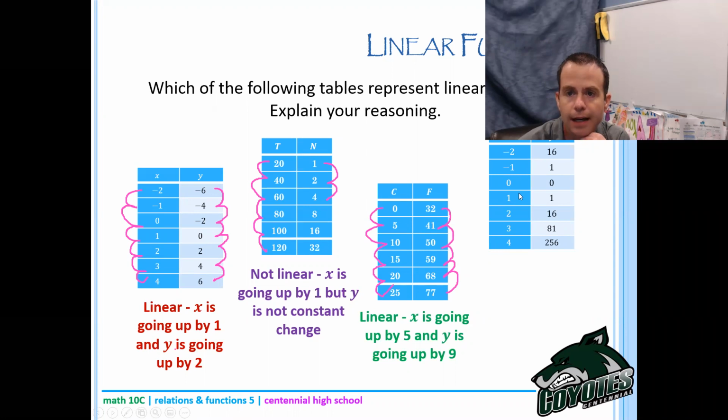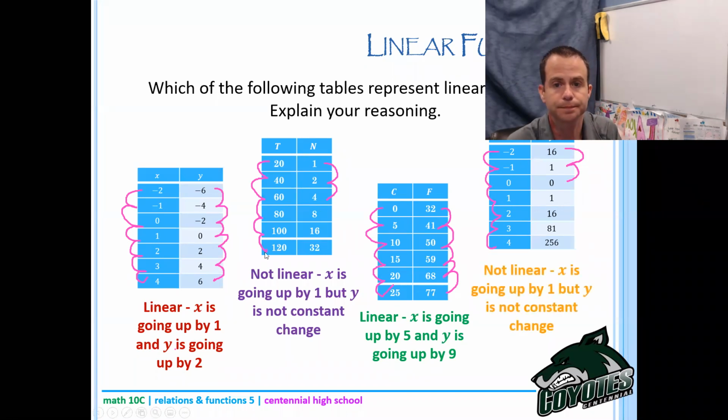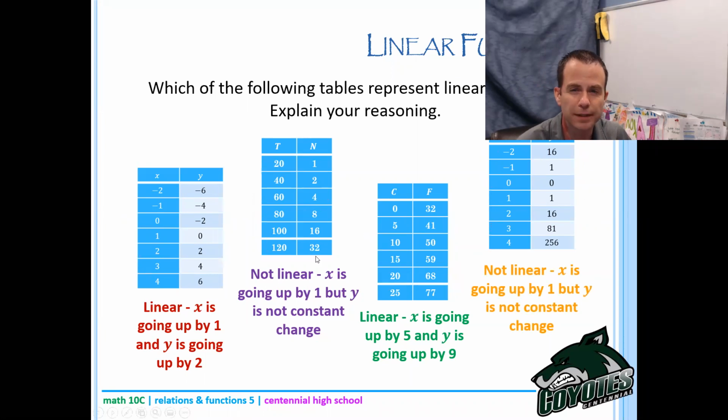And then the last guy, going up by 1, 1, 1, 1, 1, 1, going, well, no, for sure this is not, right? Here I'm going down by 15 and then I'm only going down by 1. So that is not a constant rate of change, and so it is not linear. Okay? Hopefully that makes sense as we've gone through those examples.